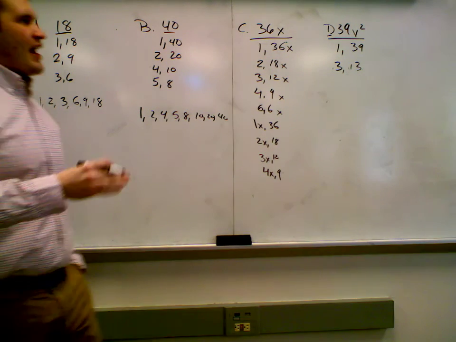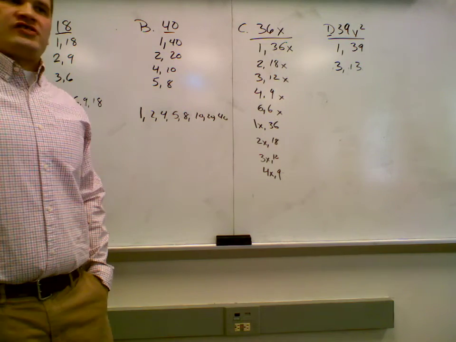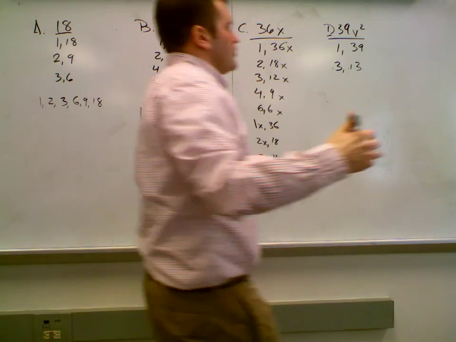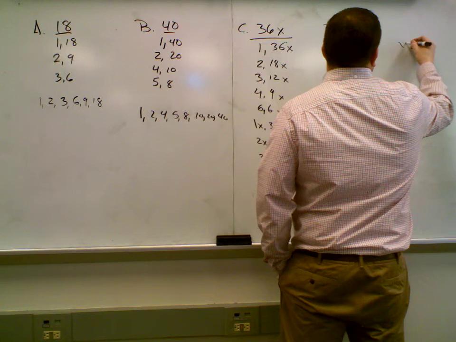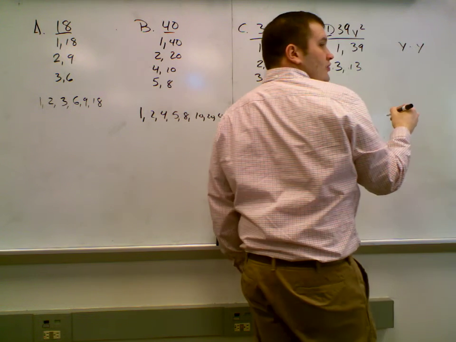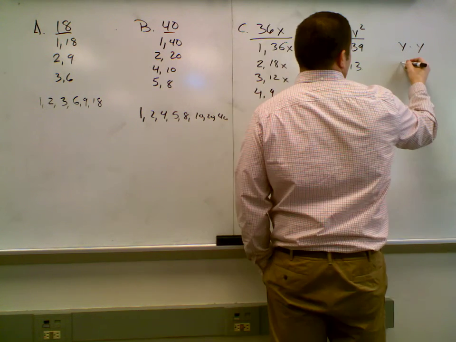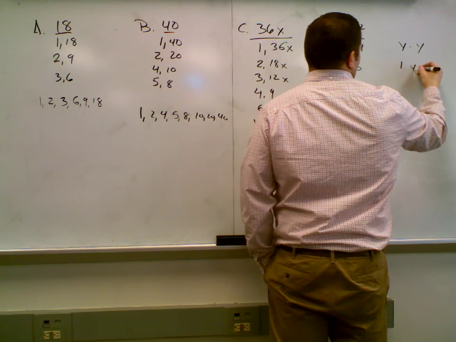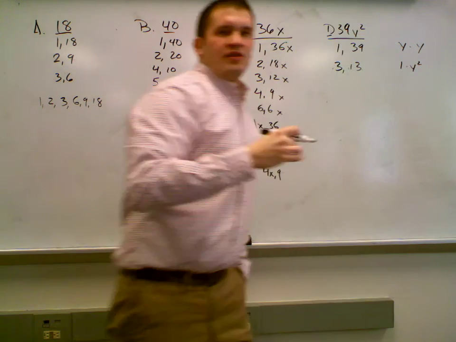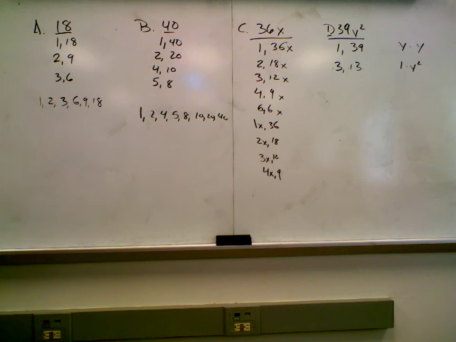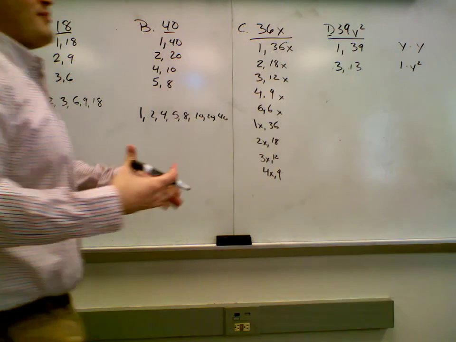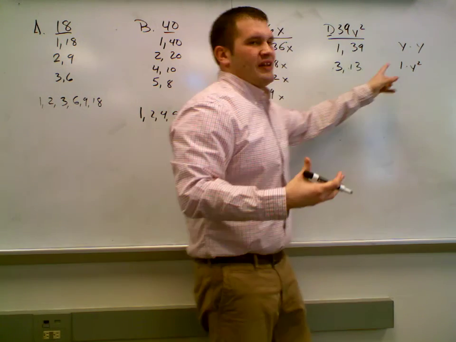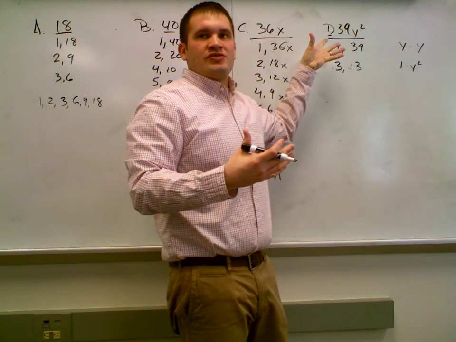Okay. Now, y squared. What are the factors of y squared? 1 and y squared, y times y, right? Those are my factors of y squared. So that means I need to incorporate these factors with these factors.